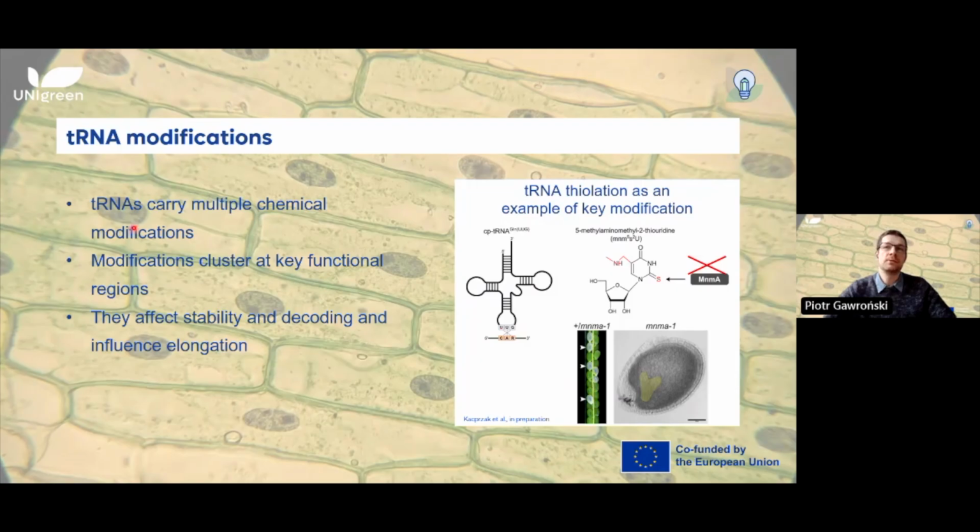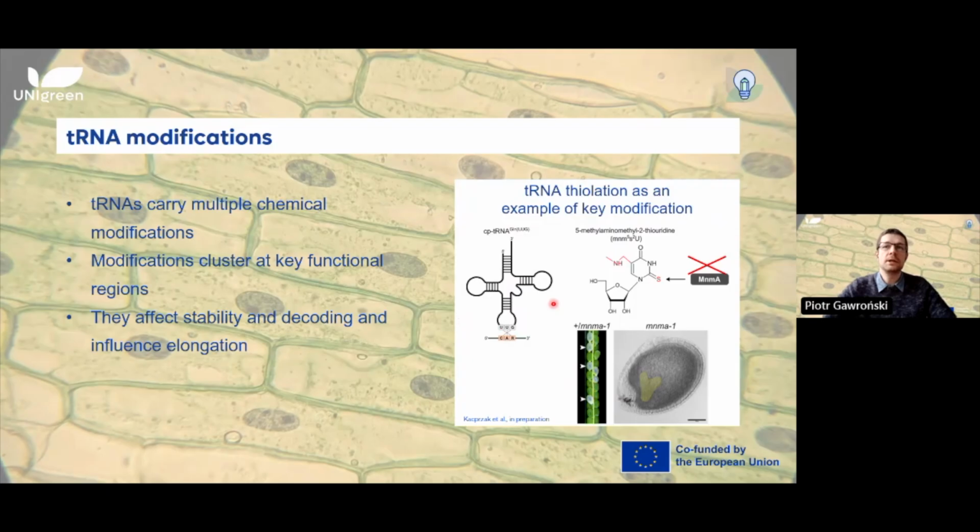These modifications cluster at the key functional regions of the tRNA, including the anticodon loop and the D and T arms. They influence tRNA structure, decoding accuracy, and interaction with the ribosome. In this way, tRNA modifications can fine-tune translation efficiency.